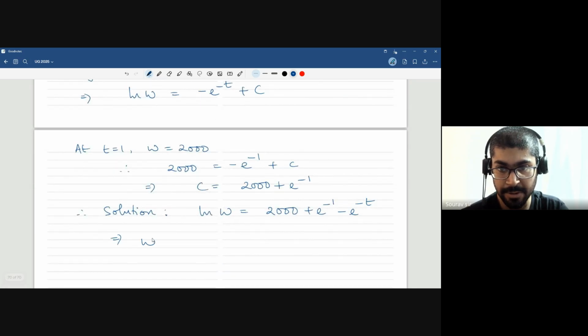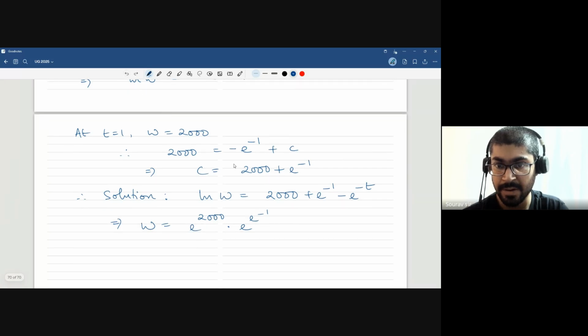So W will be equal to e to the power 2000 into e to the power minus 1, divided by, because this is minus, e to the power t.